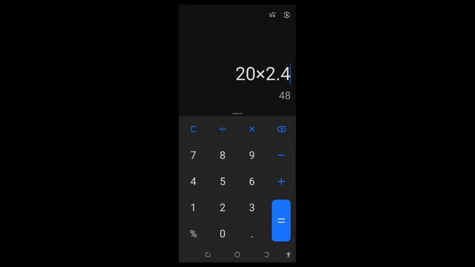So if you had $2,000, times 2.4%, you get $48. That means if you had $1,000, you would get $24 as your profit. If you had $100, you would get $2.40. And that's why with my $20, I was able to get 48 cents.